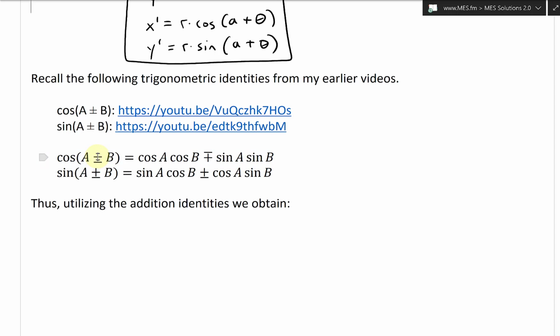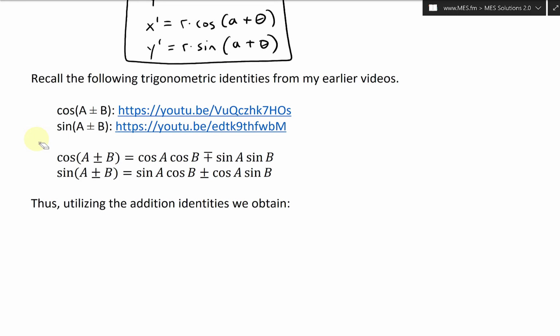This means if you're adding these angles, then we're going to subtract this term. And then sine of a plus or minus b is sine a cos b plus or minus cosine a sine b. In other words, if it's plus here, it's plus here; if it's minus, it's minus. But for cosine, it switches. If it's minus, it's plus, and if it's plus, it goes to minus.